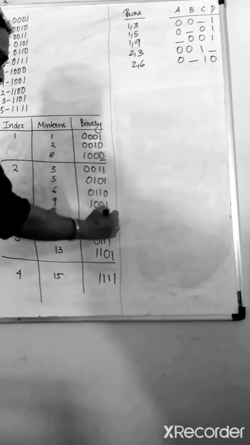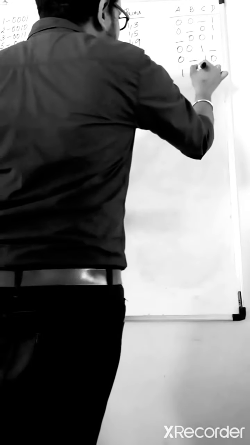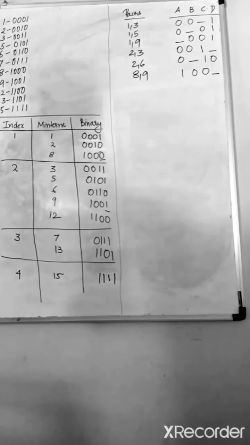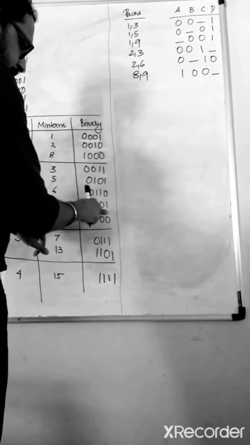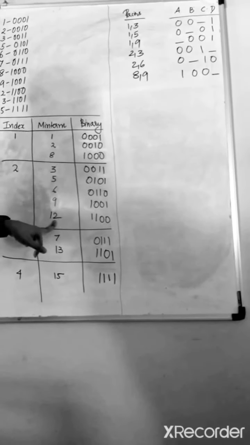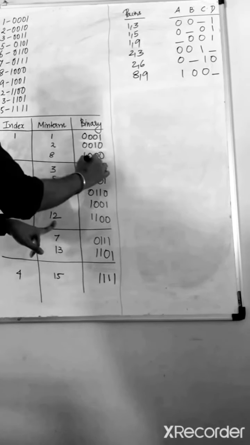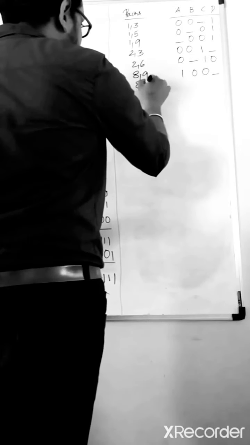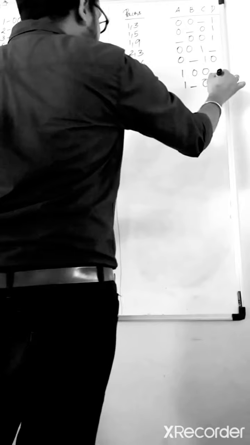Change in this bit. So we take 8 and 9 and we write 1 0 0 dash. 8 is compared with 12. 1 0 0 0 and 1 1 0 0. Second bit change only in one bit. So we write it as 8, 12 and 1 dash 0 0.